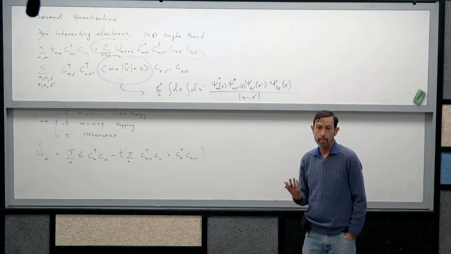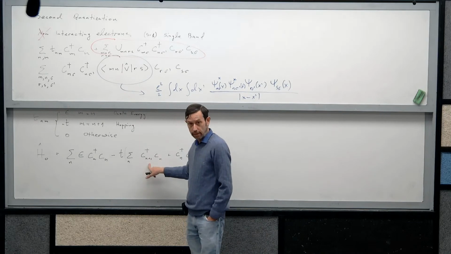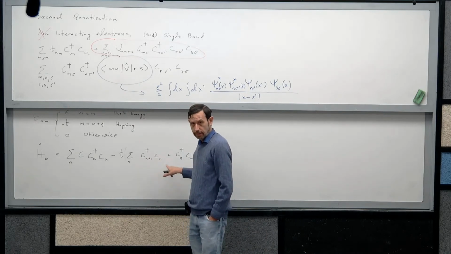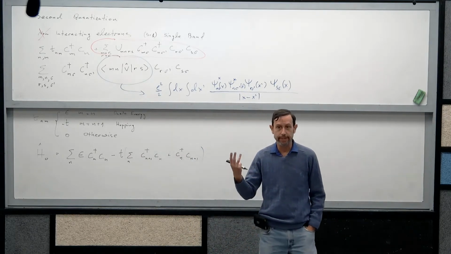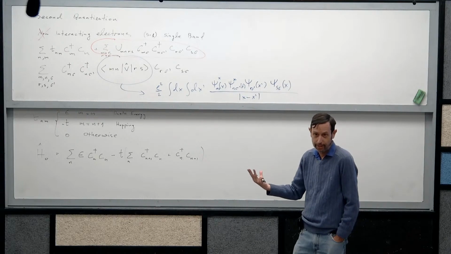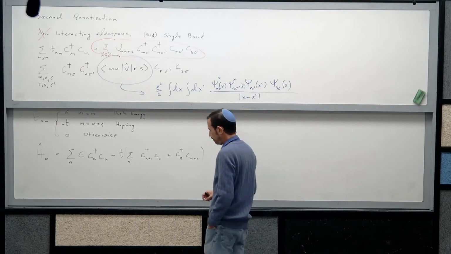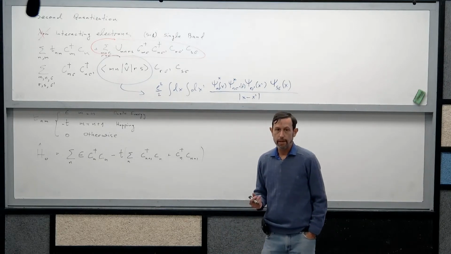But also on mathematical grounds, if I have only one term, this Hamiltonian is not Hermitian. You operate a dagger on it and you'll get something else, which cannot be. Okay, so this is what I have to solve.